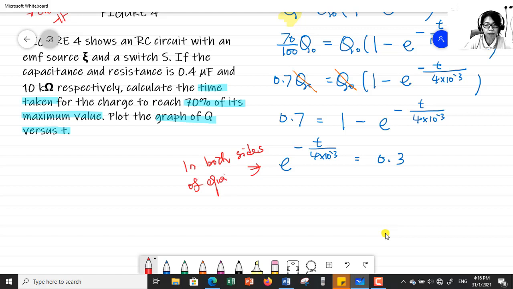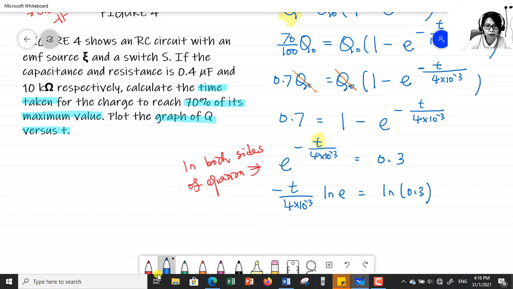Why do I need to take ln on both sides of the equation? Because in order to get the value of t, since t is inside the power of the exponent, I have to take ln on both sides. When I take ln on both sides, the power comes down. Then ln e is 1. On the other side will be ln 0.3.